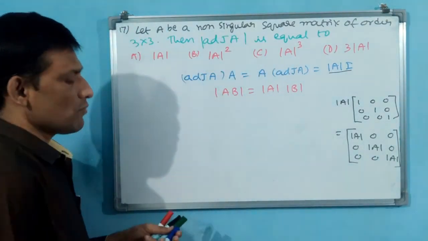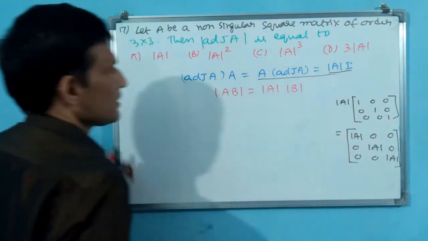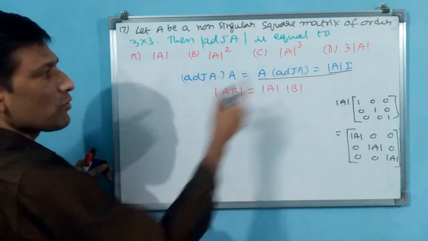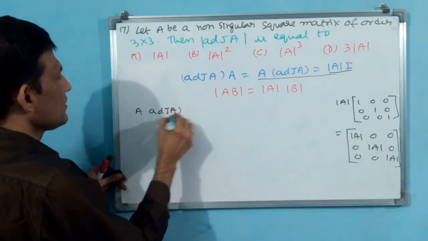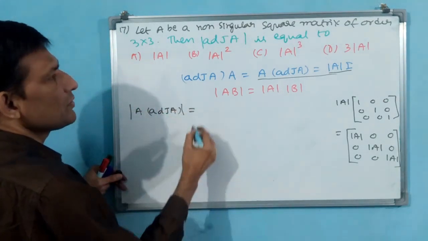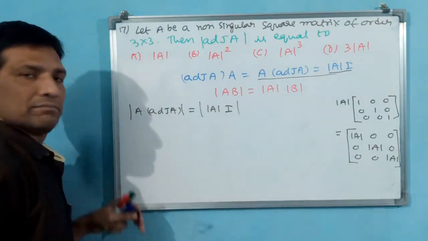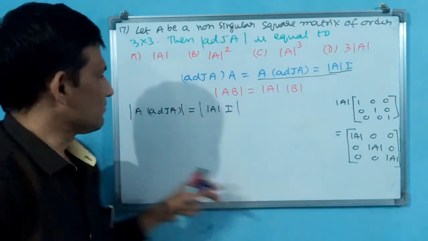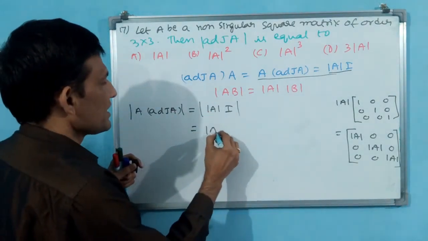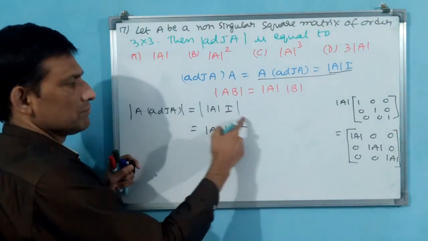Now I am taking only these two. I am putting determinant both sides. Determinant of A into adjoint A is equal to determinant of determinant A into I. Determinant A into I determinant I have already shown. What is that? Determinant A into determinant A square will come.